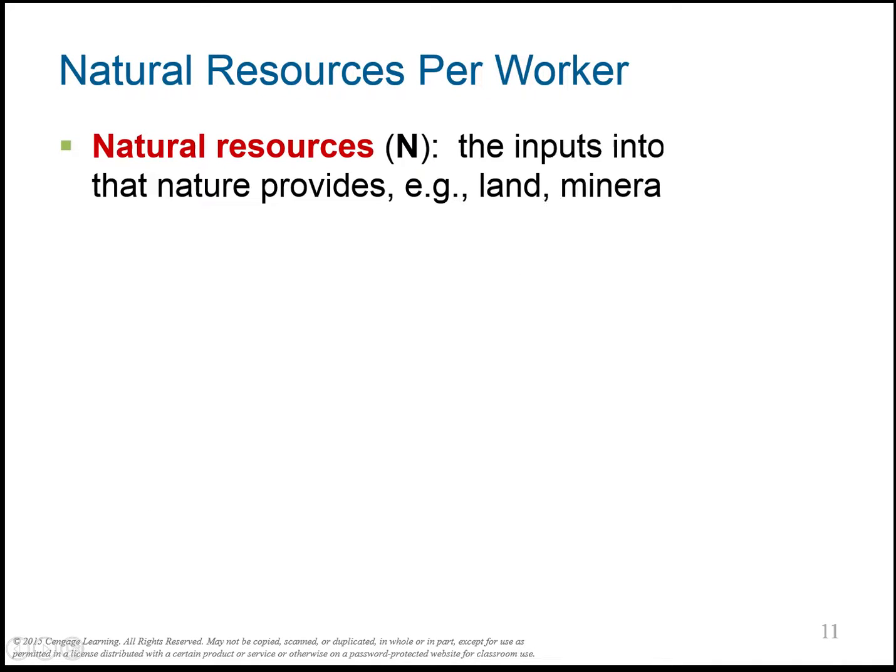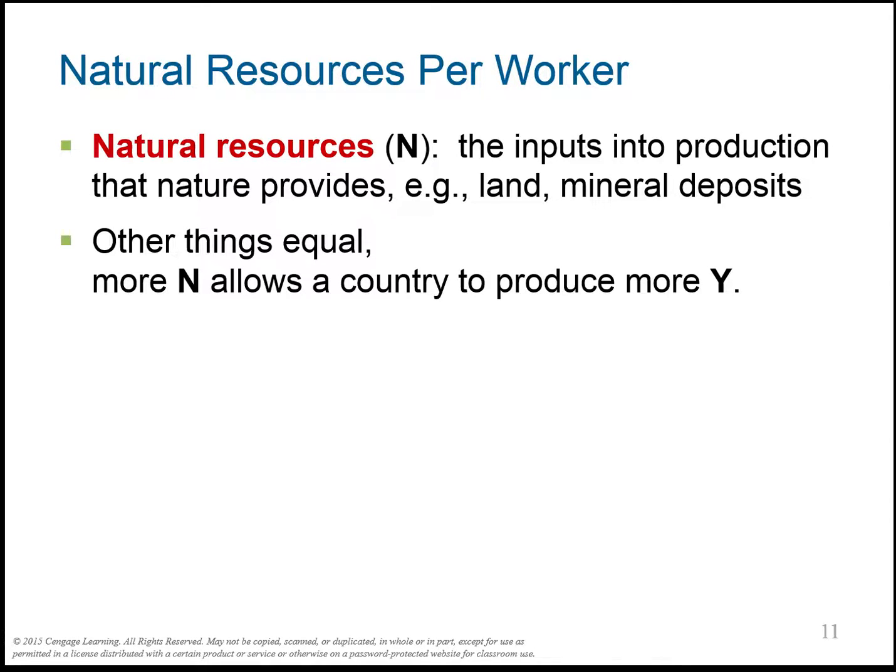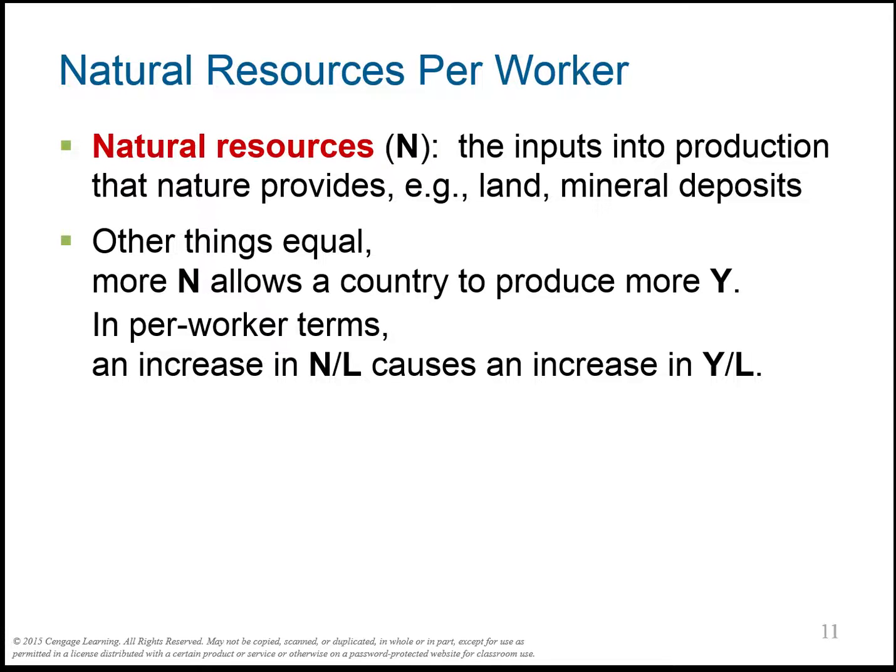Okay, and finally, as far as the per worker pieces, the natural resources per worker. So we call big N all the inputs into production that nature itself provides. So land, mineral deposits, coal, perhaps something like that. And if a country has more N, more natural deposits, then a country can produce more Y. So let's put that in per worker terms, right?